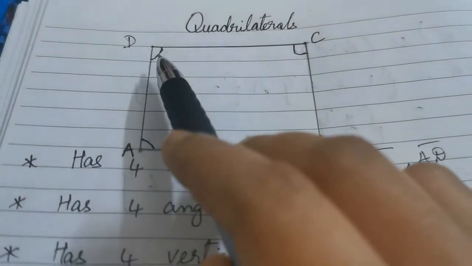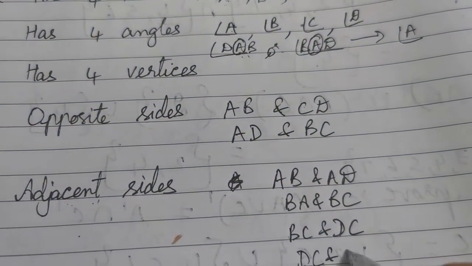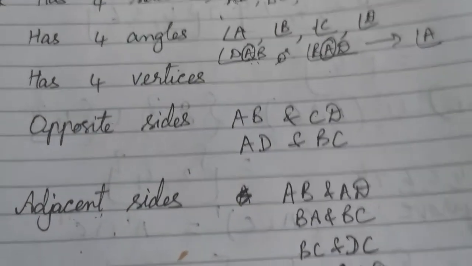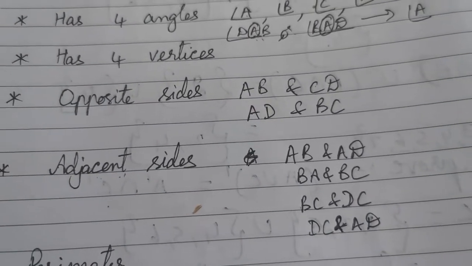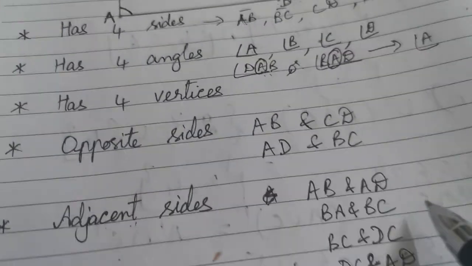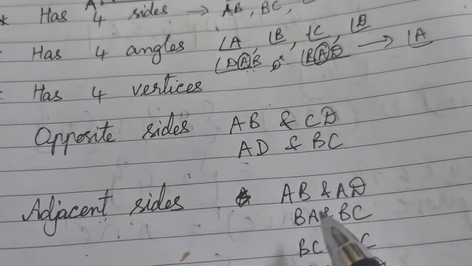At vertex D, DC and AD are adjacent sides. So you have these many pairs of adjacent sides and two pairs of opposite sides.